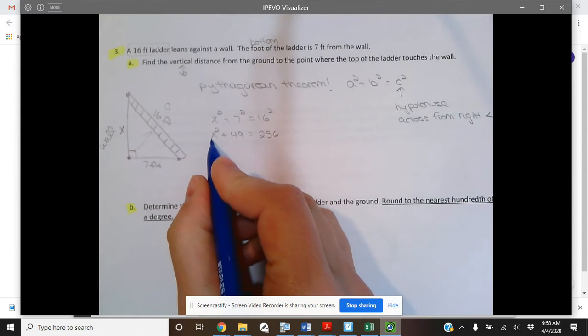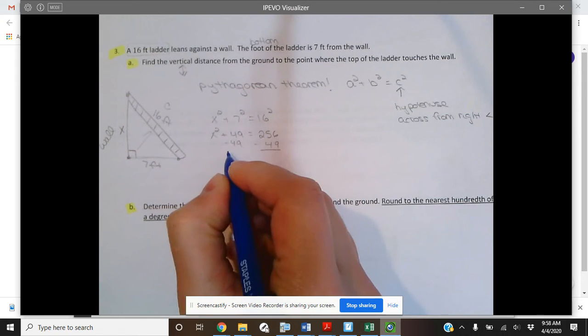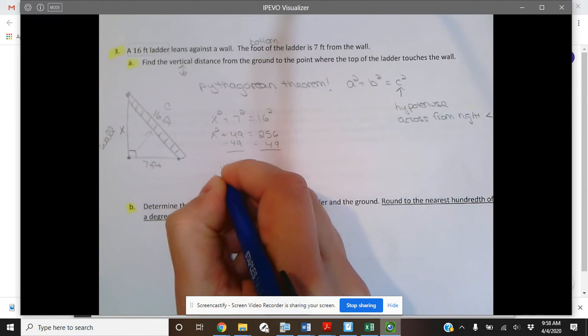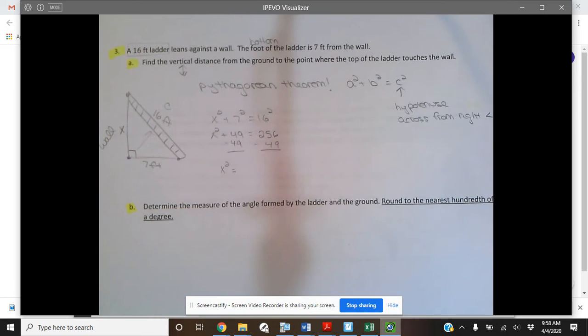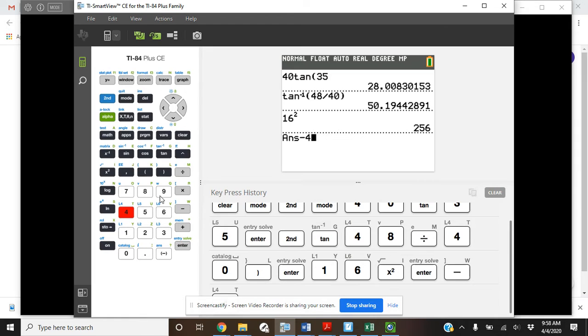Okay, so now we've got to get x squared by itself, so I subtract 49 from both sides. So 256 minus 49 comes out to 207.